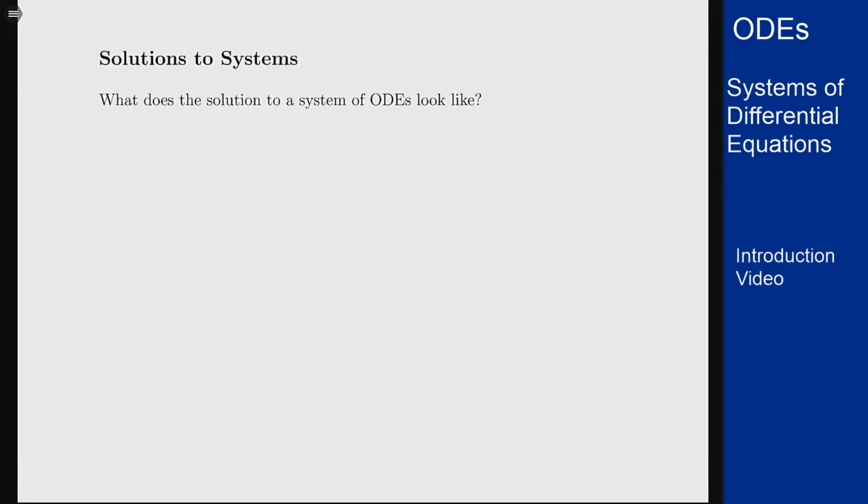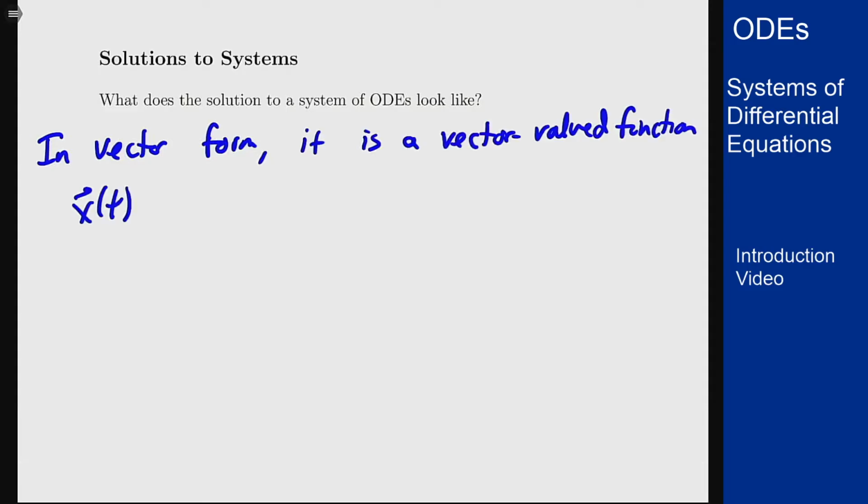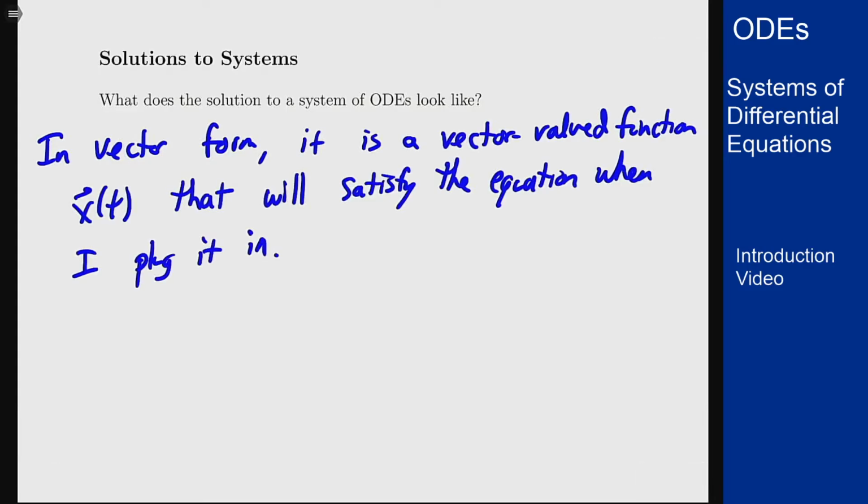Now, what does a solution look like to a system? Well, in vector form, it's a vector valued function x of t that will satisfy the equation once I plug it in. Again, for verifying solutions, all we're doing is plugging it in and seeing if it works out. In this case, I have to be a little more careful because it's a system, and things might interact with each other.